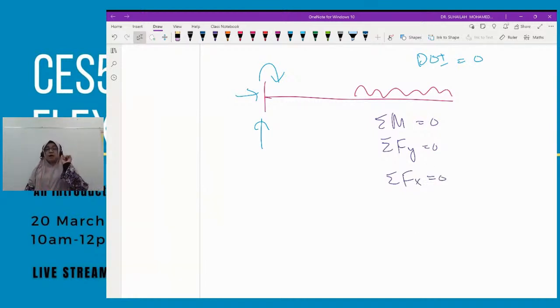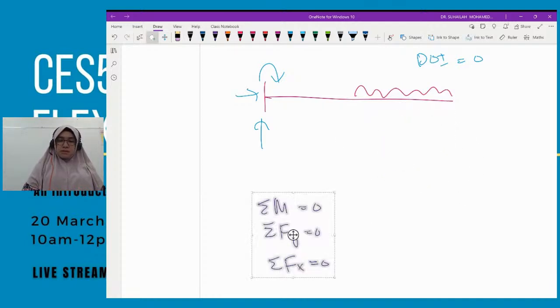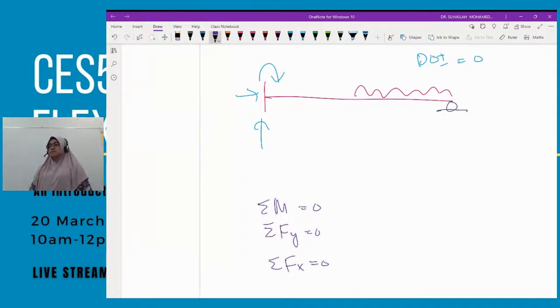Now, I want to put one roller here. So what happened now to the beam? Equivalent to 1.